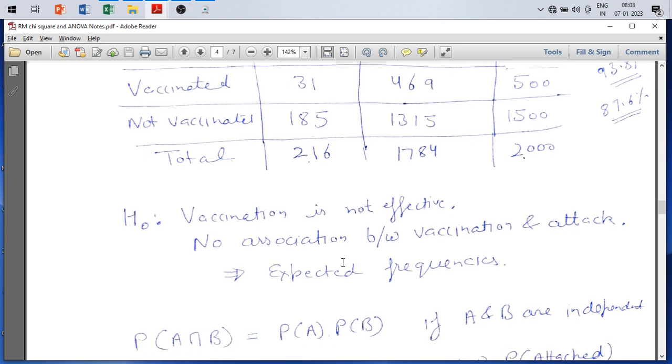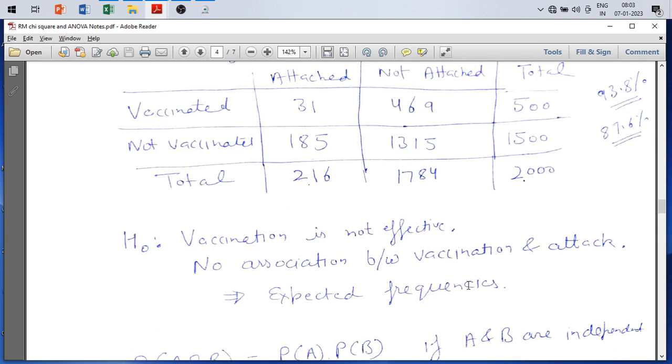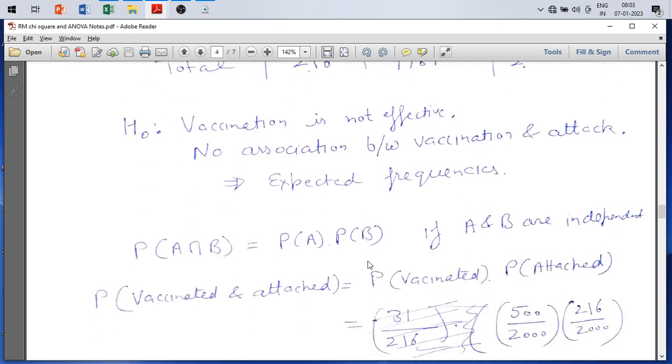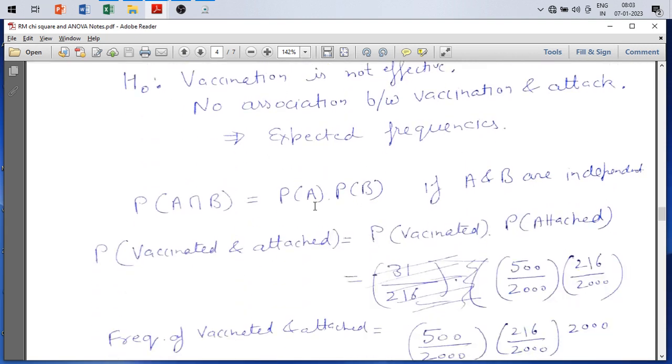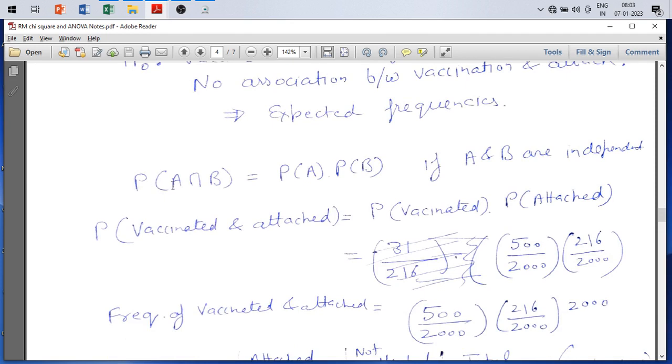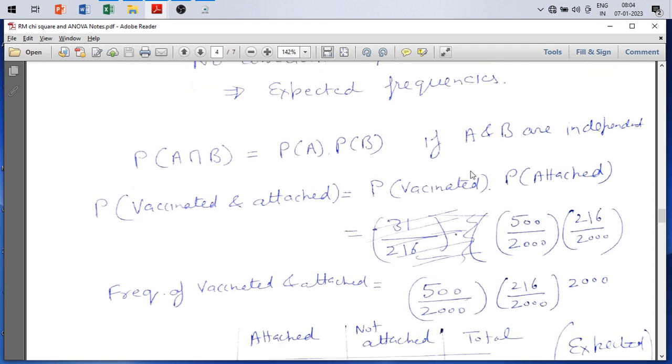And now we are going to work out the expected frequencies based on the assumption that vaccination and attack are independent. And for that, we use the simple idea of probability. Probability of A and B is written as probability of A multiplied by probability of B if A and B are independent. A very simple result of probability we use many times.